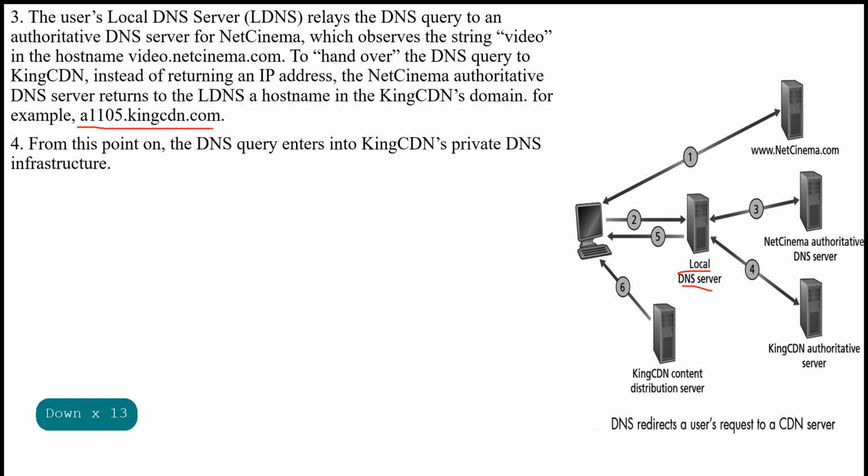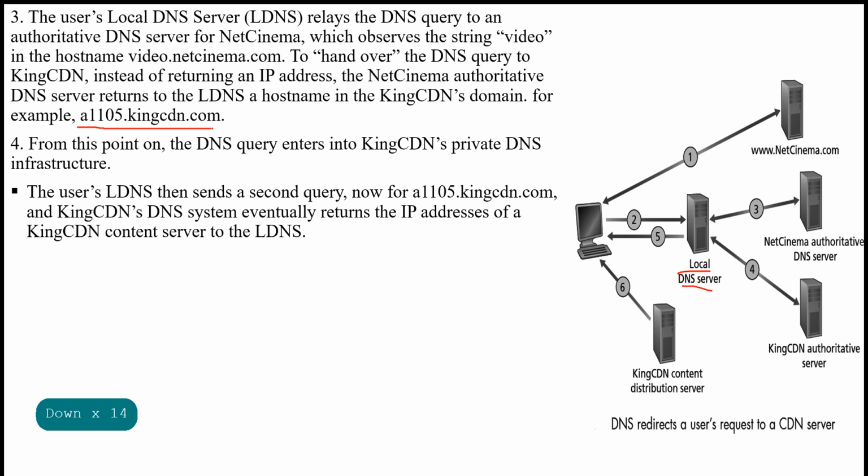Fourth step. From this point on, the DNS query enters into KingCDN's private DNS infrastructure. The user's local DNS then sends a second query, now for a1105.kingcdn.com, and KingCDN's DNS system eventually returns the IP addresses of a KingCDN content server to the local DNS.